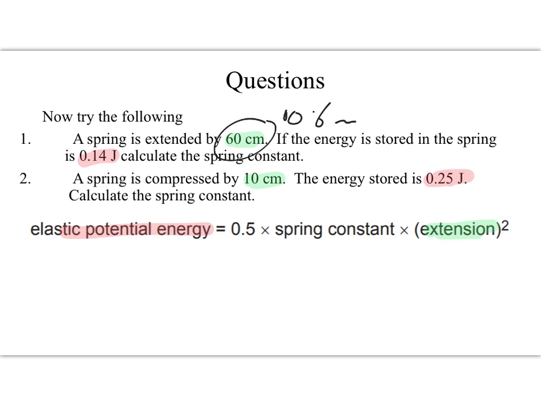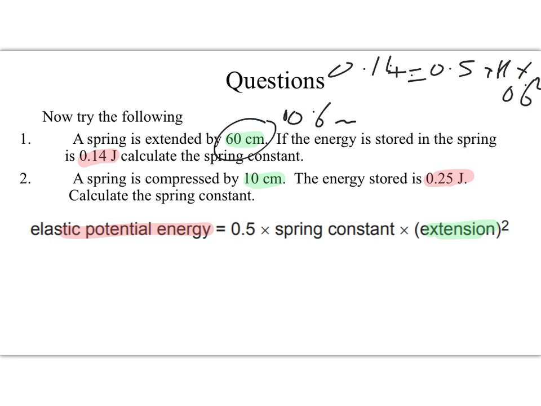Putting that into the equation then, I would end up with my 0.14 for energy equals 0.5 multiplied by K multiplied by 0.6 squared.